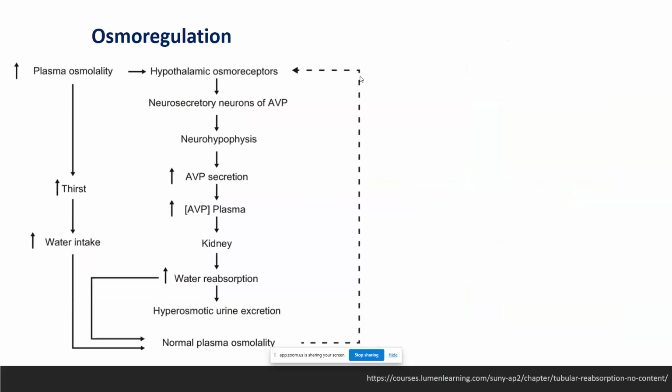So that brings us on to osmoregulation, where the kidneys play a fundamental role in maintaining the osmolarity of body fluids. Plasma osmolality is tightly regulated to prevent that cell swelling or shrinkage. It's regulated essentially by controlling water influx and efflux from the body.